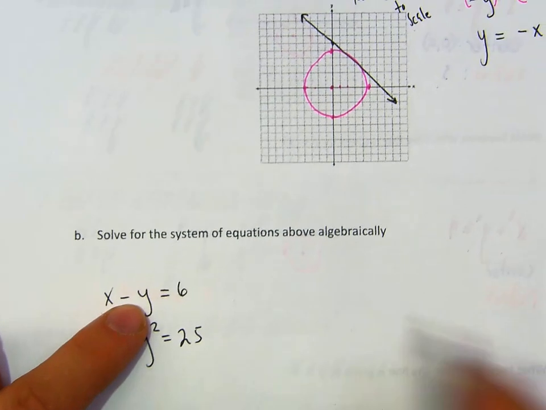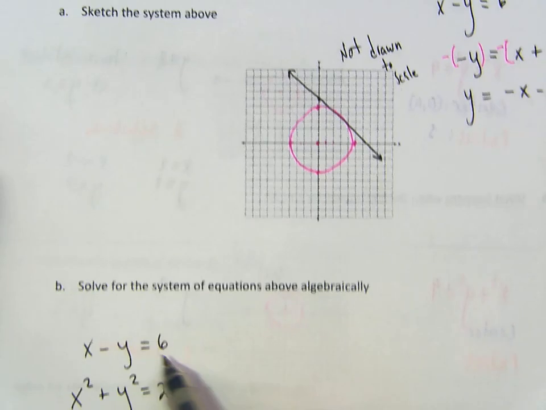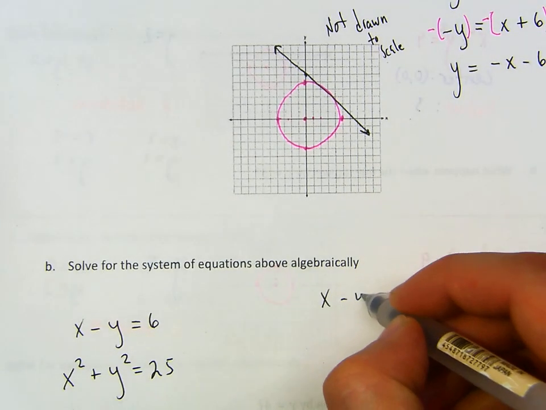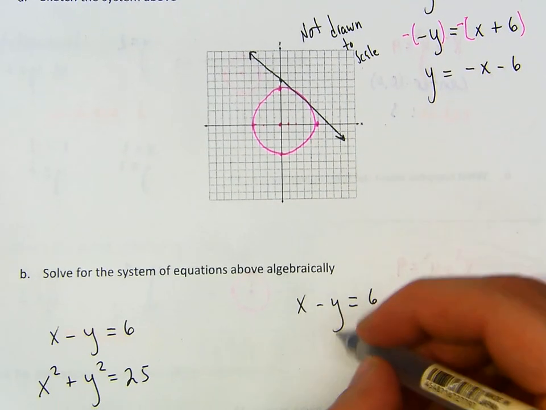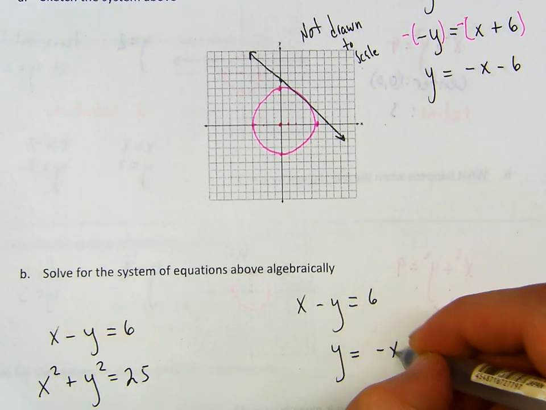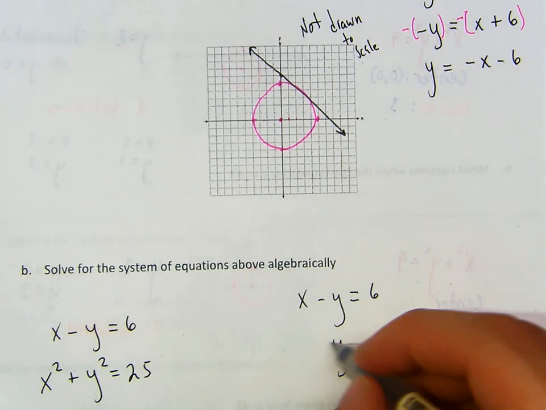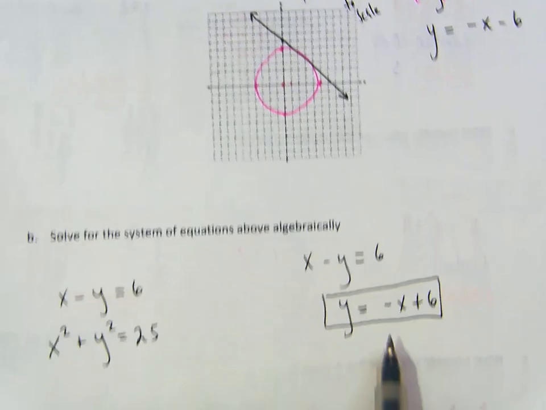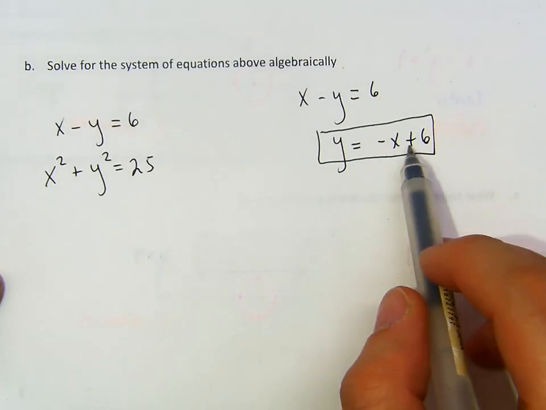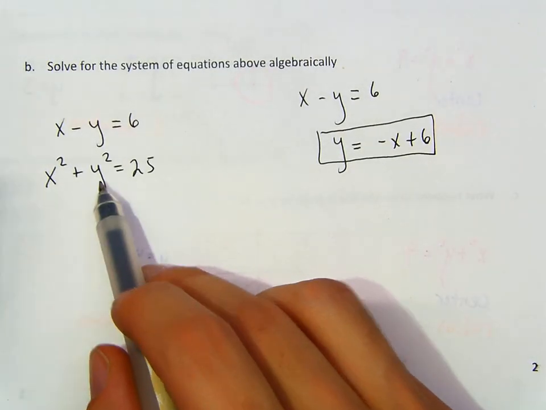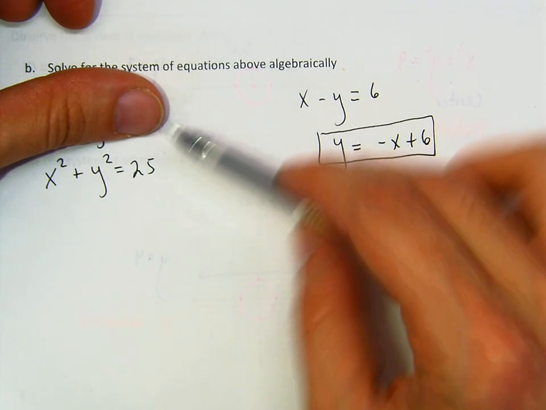So notice we already kind of did this, right? If I have x minus y equals 6, how do I get y by itself? We already did it. So we know that y is equal to negative x plus 6, okay? Now that we know that, we're going to take this y equals negative x plus 6 and plug it into the other equation.